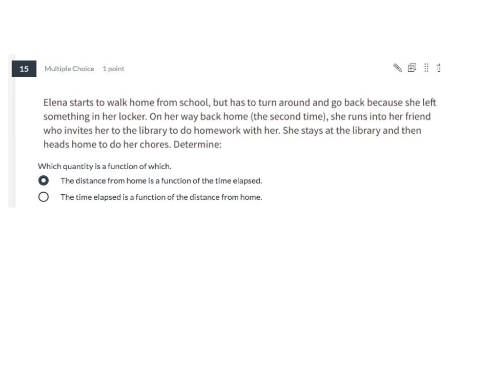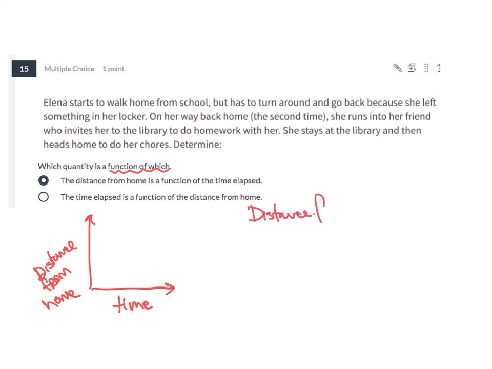All right, number 15, same story about Elena walking from home. Which quantity is a function of which? Remember, I don't have the picture on here, but we had the distance from home and then we had the time, like time elapsed. So we're looking at it as a function of which? Remember how we did distance from home depends on the time.